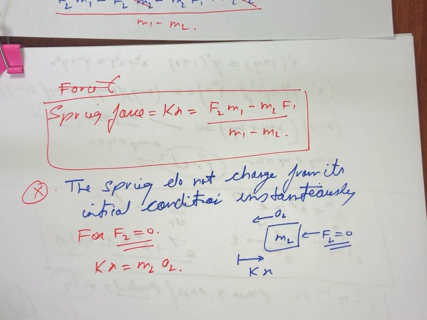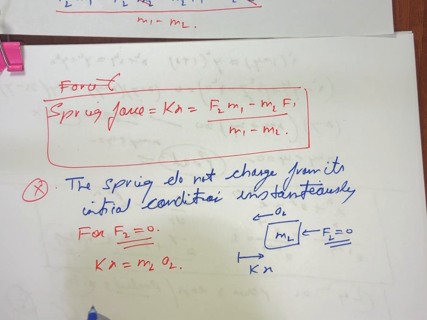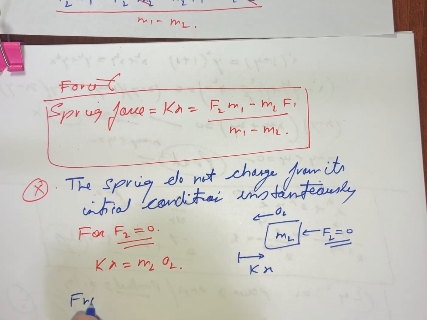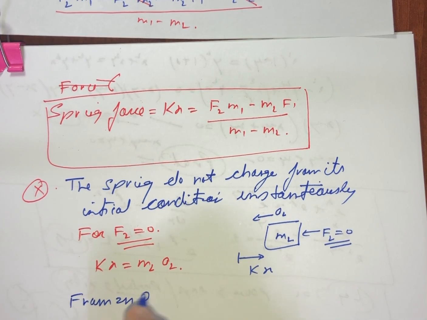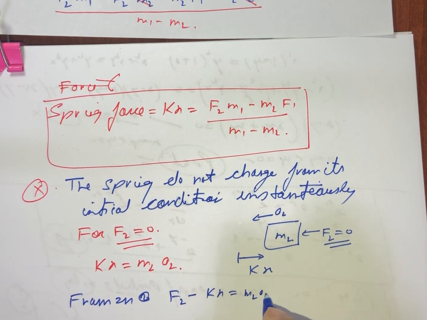Let us use equation 2 and substitute the value of kx in equation 2. Equation 2 was F2 minus kx is equal to m2 a0.